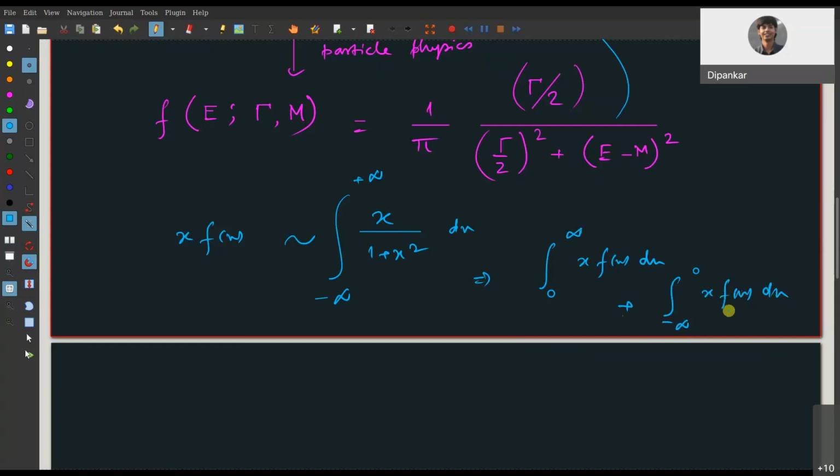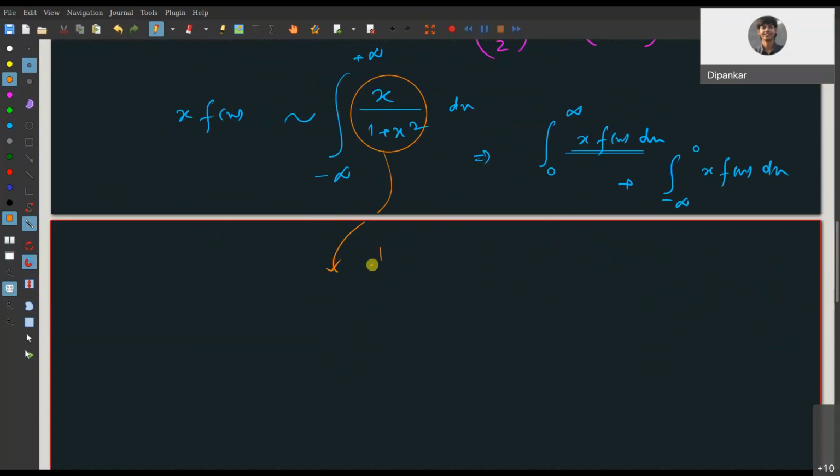You are saying that these things are equal and opposite, and you are canceling these two. But remember, these individual things are going to infinity, because x f(x), if you check this, moves as 1 over x for x much greater than 1.